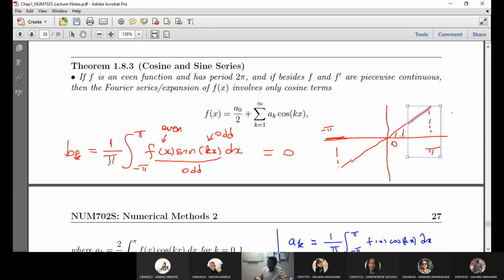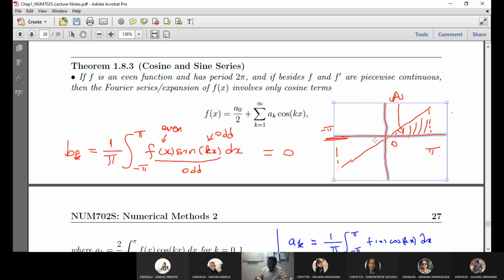This integral will be the area below the curve. If I call this area A, the area below the curve on the other side is negative.